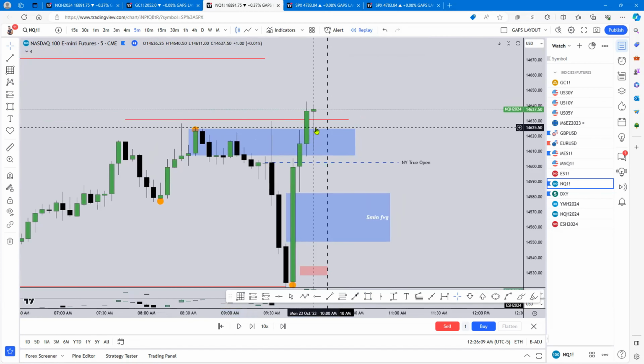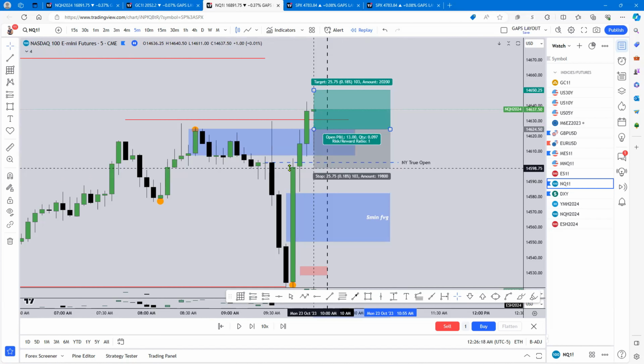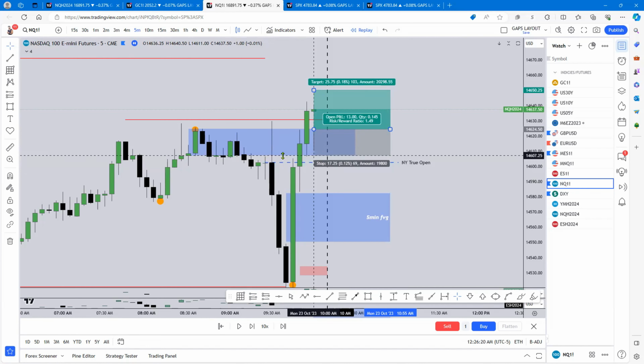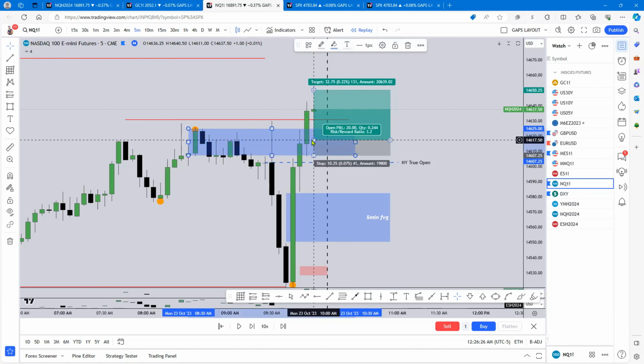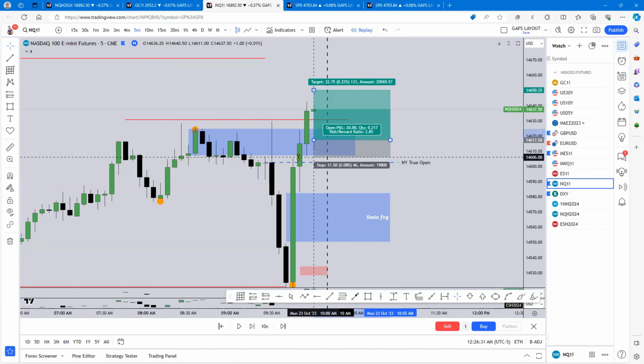So you could be a buyer in here. Stops underneath the breaker. Or if you want to wait for consequent encroachment of the breaker here, 50% of the breaker in there. Stops at 12 points there.